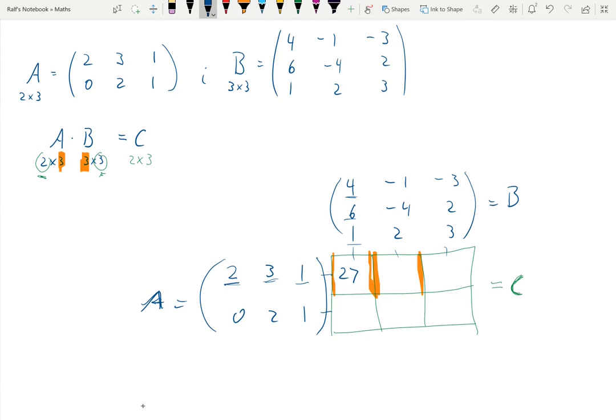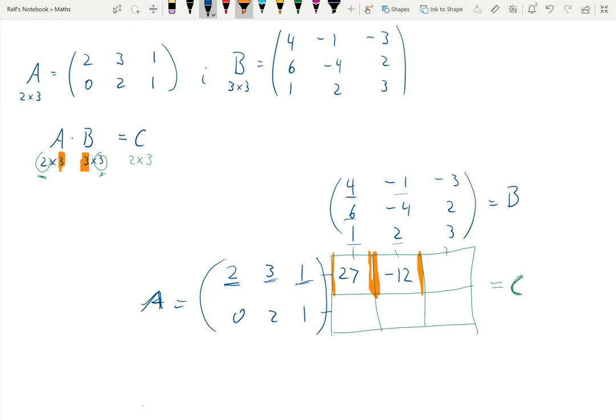So here we have 2 times negative 1, which is negative 2, plus 3 times negative 4. So 3 times negative 4 is negative 12, plus negative 2 is negative 14, and then 1 times 2 is 2. So we're ending up with negative 12. Negative 14 plus 2 is negative 12.